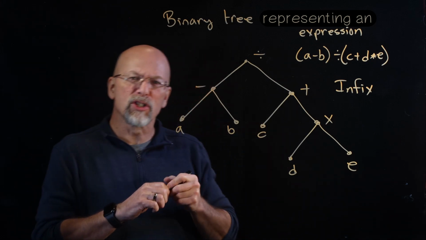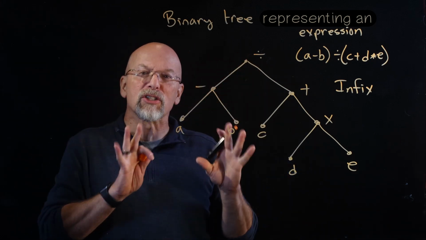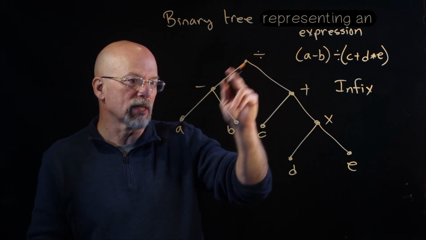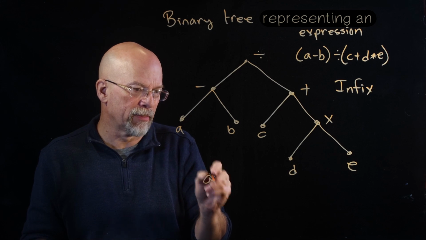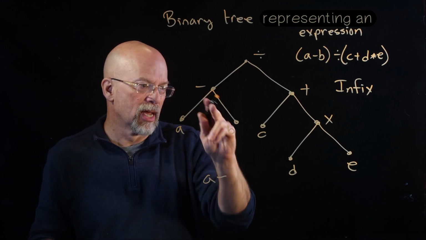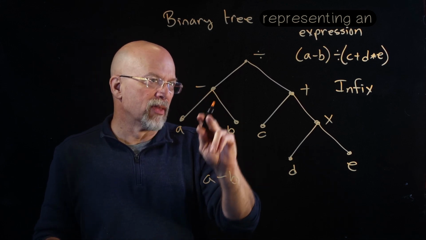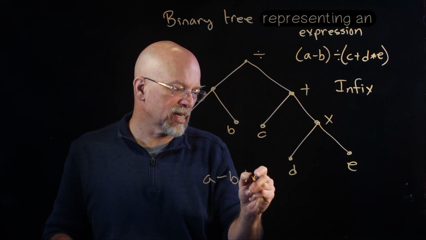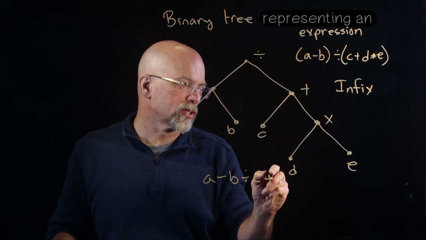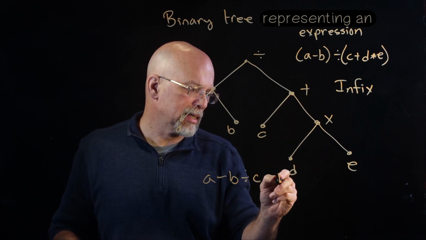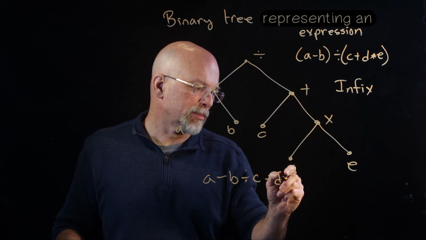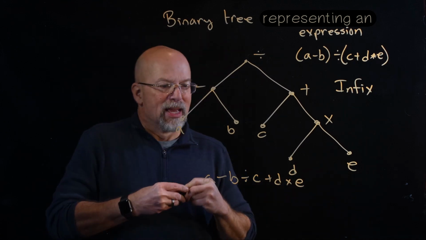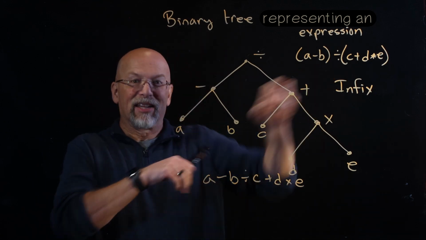And so if I were to do this with traversing the tree using in order notation, what I would get was I'd come down here to A, and then come up to minus, and then come down to B, and then go up to division, and then go down to C, up to plus, down to D, up to multiply, and down to E. All right? Now, this is exactly this, right?